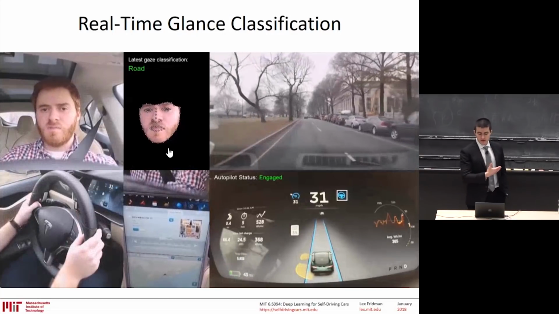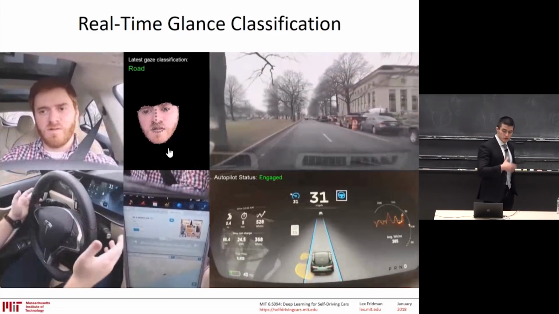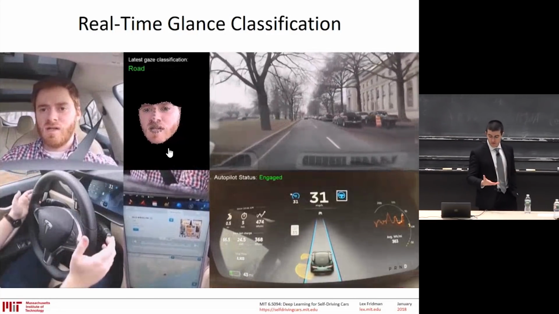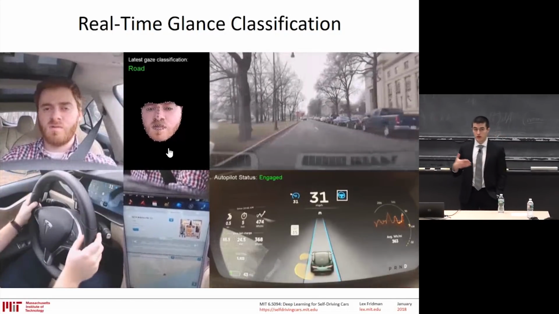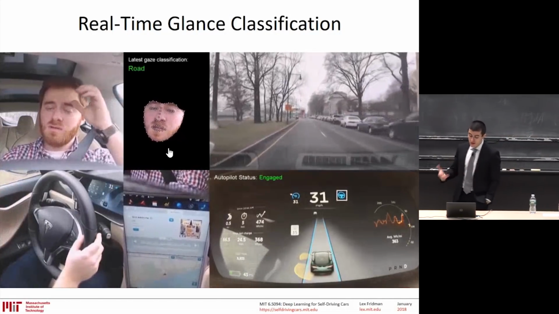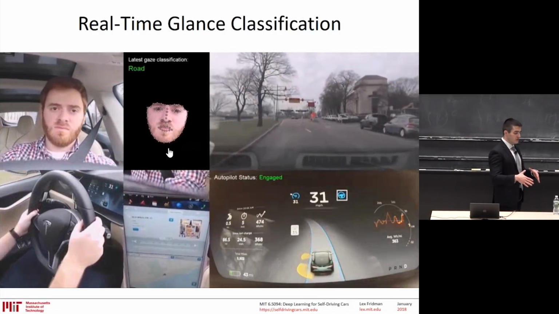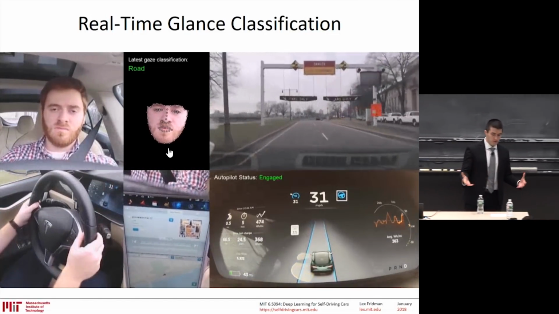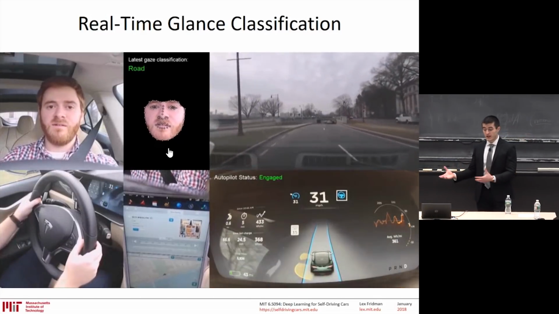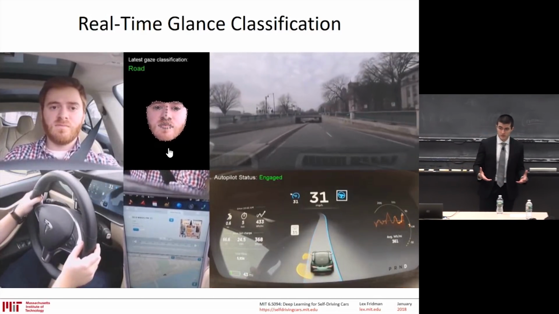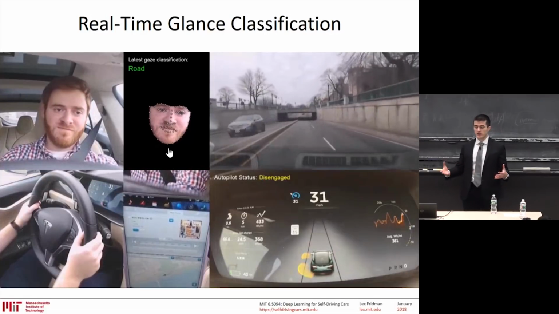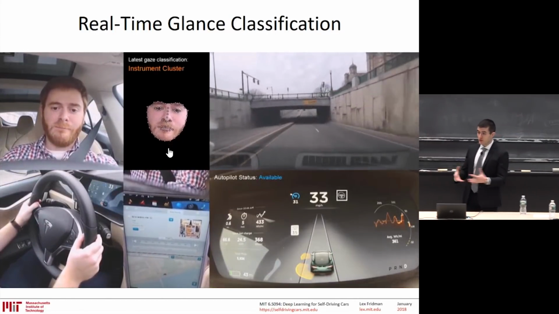So what's resulting in the glance classification case is you can do real-time classification. You can give the car information about whether the driver is looking on-road or off-road. This is critical information for the car to understand. You want to pause for a second to realize that when you're driving a car, for those who've driven any car with any kind of automation, it has no idea what you're up to at all.